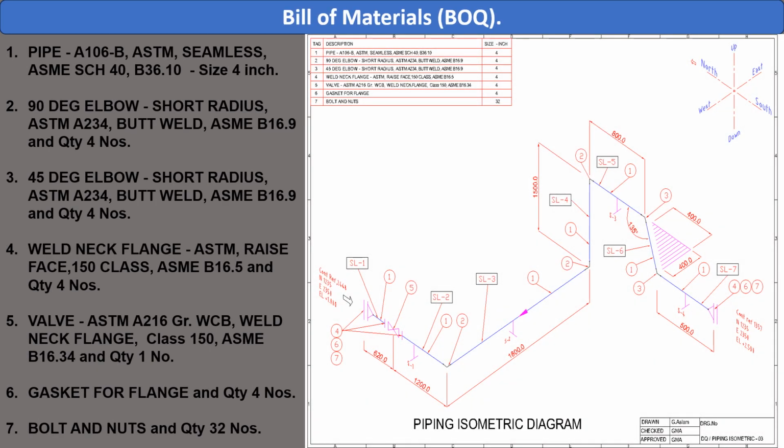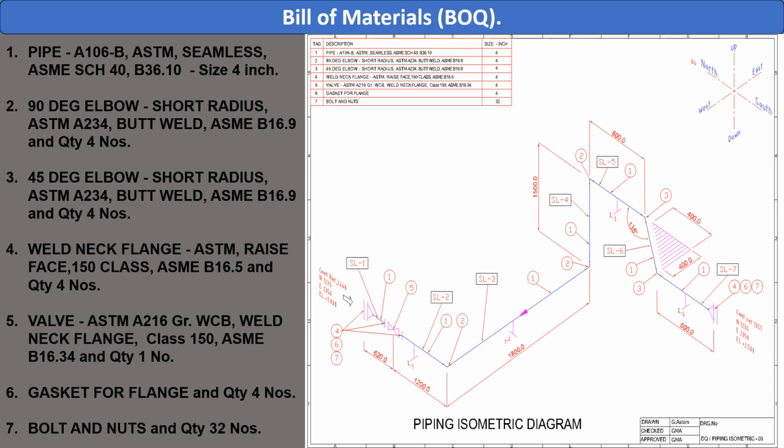Number 1, pipe ASTM A106 Grade B, seamless, schedule 40, ASME B36.10, size 4 inch. Number 2, 90 degree elbow short radius, ASTM A234, butt weld, ASME B16.9, quantity 4 nos. Number 3, 45 degree elbow short radius, ASTM A234, butt weld, ASME B16.9, quantity 4 nos. Number 4, valve ASTM A216 WCB, weld neck flange, class 150, ASME B16.34, quantity 4 nos.